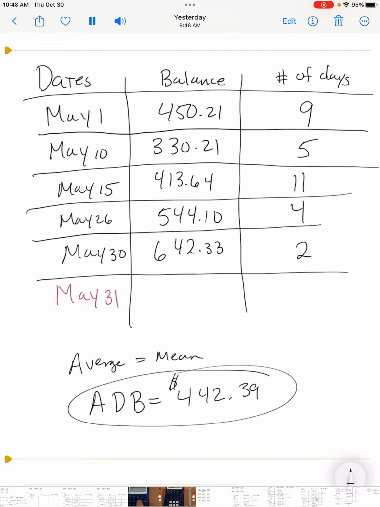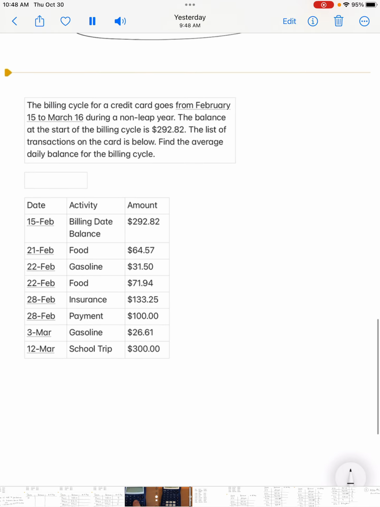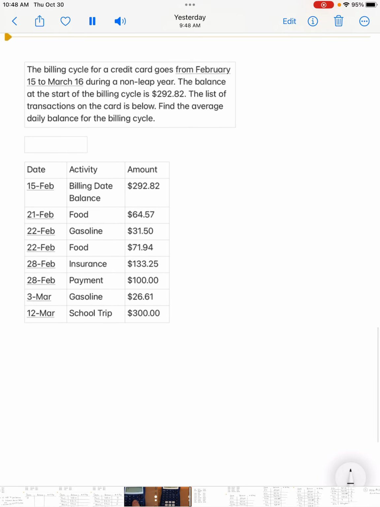The interest rate will be applied to that number in order to figure out the interest owed, or the finance charge. All that happens is you repeat this a few times. Why? So that you can do it when you come to the test. It takes a little bit of getting used to, but my promise to you is it's relatively nice.